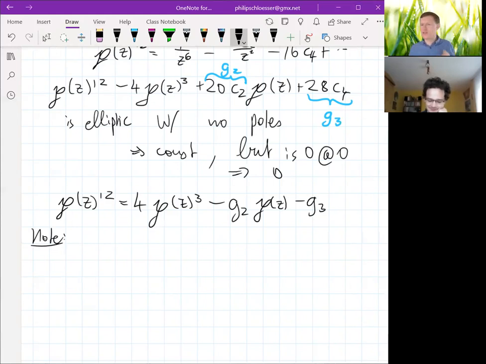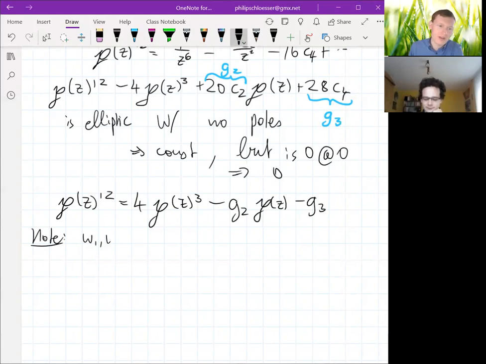So we have that differential equation, and we know that, well, there are only 3 values of P with multiplicity 2, or alternatively, the derivative just has 3 zeros, which, I mean, yeah, should be the case, since it has a pole of order 3, so it has to have 3 zeros.